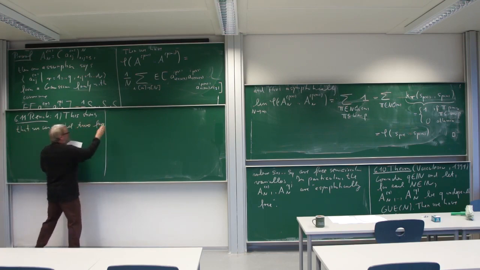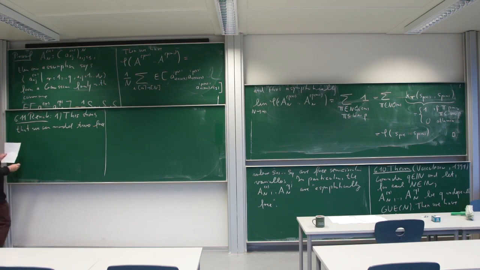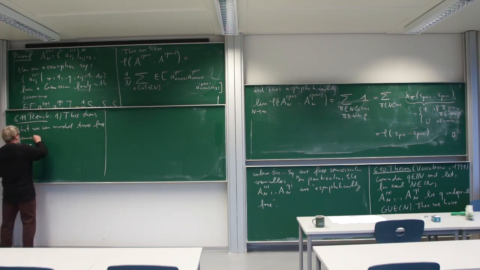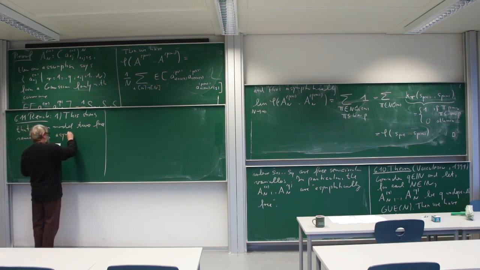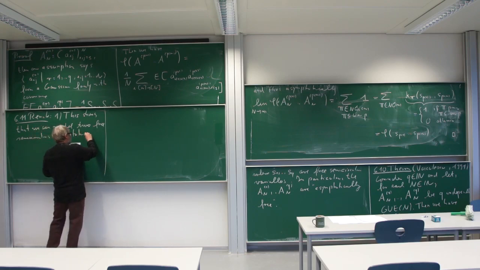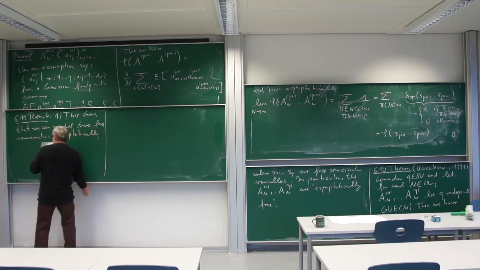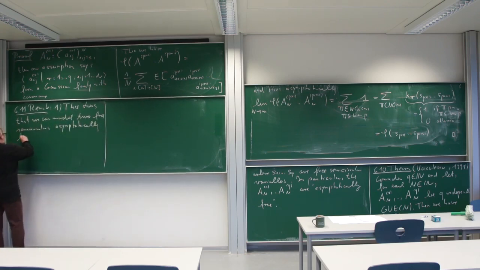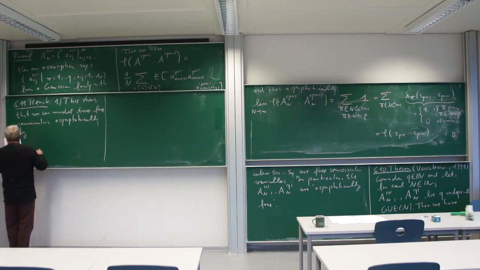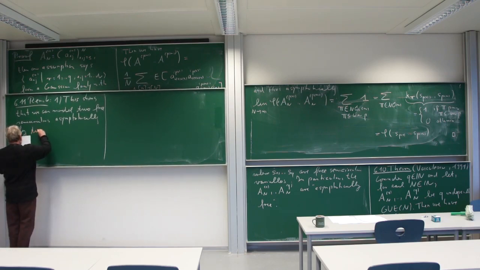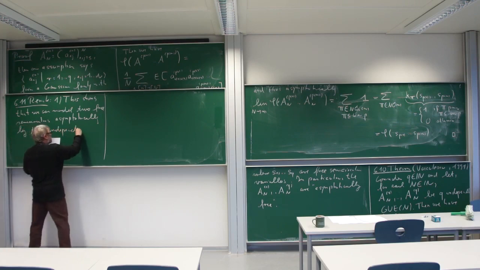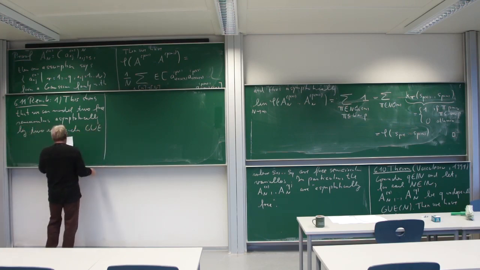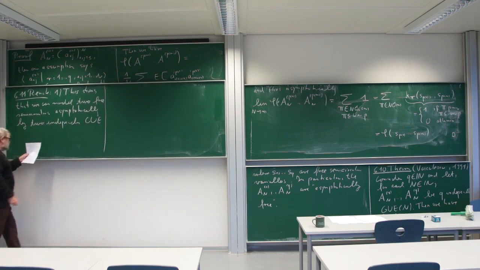Of course, we can also use q, but let's say 2 free semicirculars asymptotically by independent Gaussian random matrices.